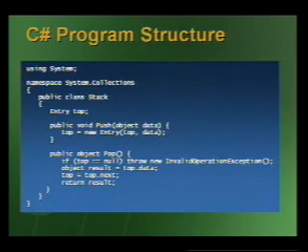Here's a slide that shows you an example of the program structure. You see we start again by using some namespaces, in this case just the System namespace. And then we declare a namespace System.Collections, and in that we put a class called Stack. Within Stack, we declare an instance variable called top, and then we have a Push and a Pop method.